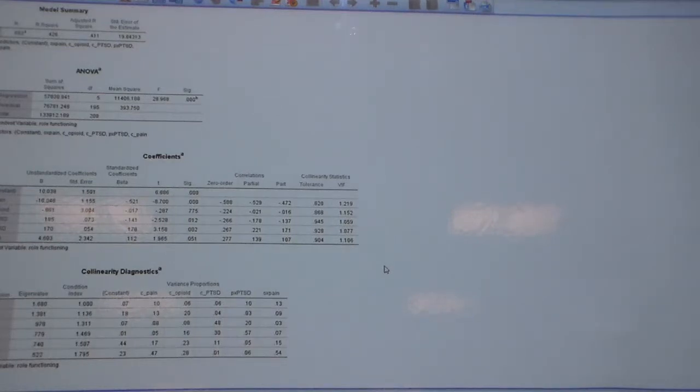Now, sometimes, if we take a look at this, I see that in the way we've set this up, we've talked about the relation of pain on functioning for people who are and aren't using opiates, right? We could also look at opiate use at different levels of pain, right? But if we take a look at our coefficients, that starts to get a little tricky because opiate use doesn't have a relation with functioning, right?